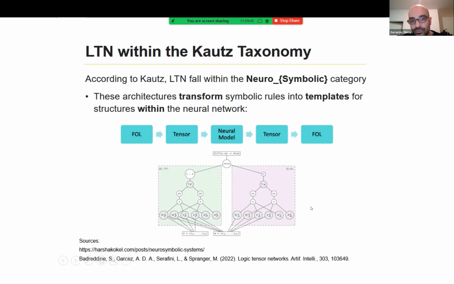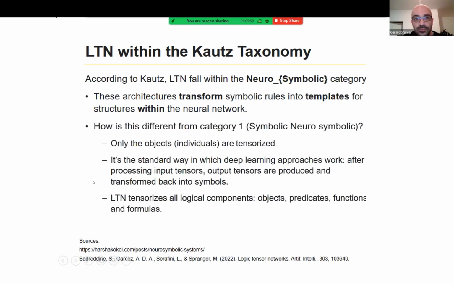This is just a capture from the structure that is shown in the paper. And one question that one might ask is, how is this different from category one, the lowest one, which is Symbolic Neuro Symbolic? Here, in that category, only the objects or the individuals are tensorized.